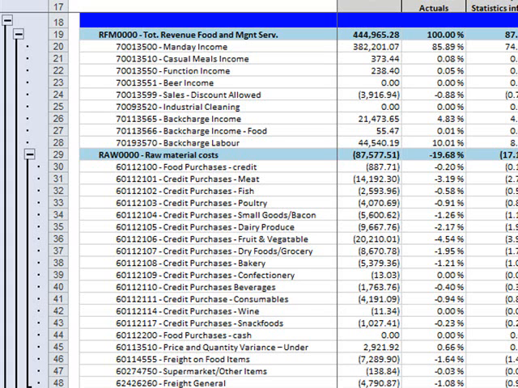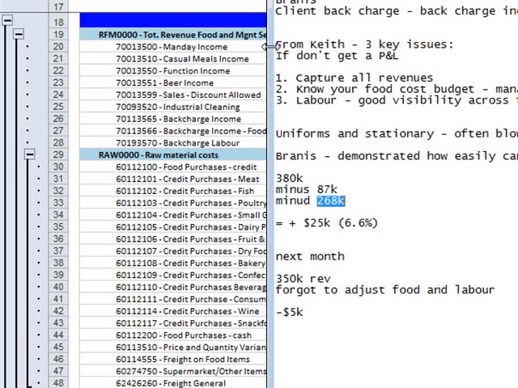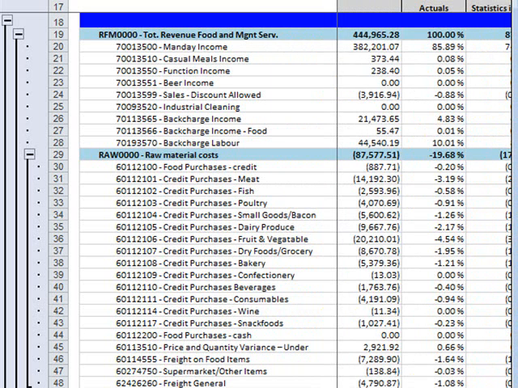So we're now just going to have a quick look at what can happen if you do stuff up those two costs. So here's a little example. Branislav actually explained this in the pilot, so I've just nicked his little example here. In this spreadsheet it says 444,000. We're just going to do a theoretical exercise here. So say you bring in $380,000 worth of revenue. That would be up here.